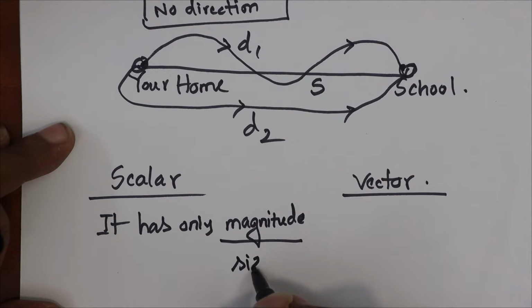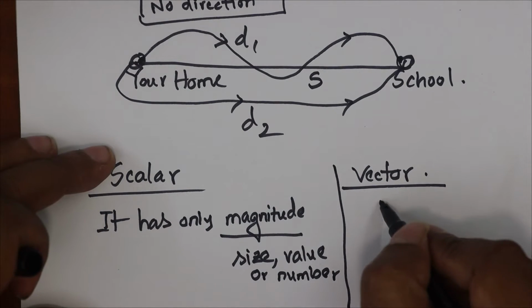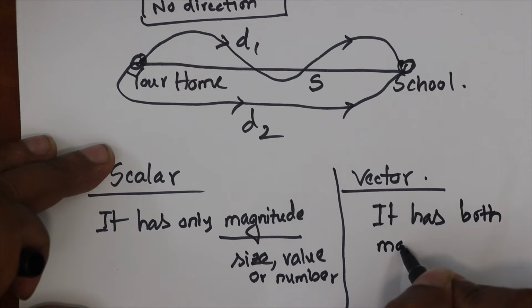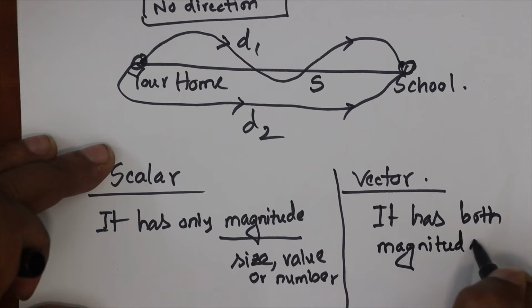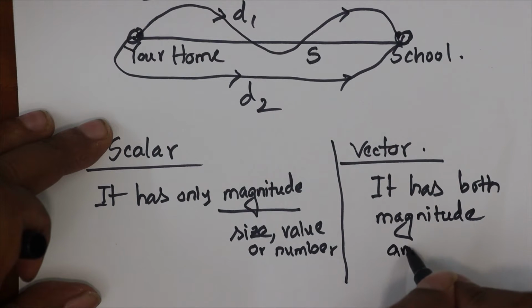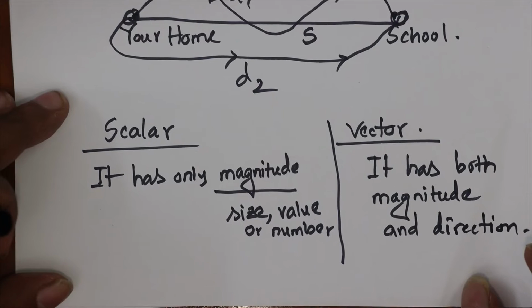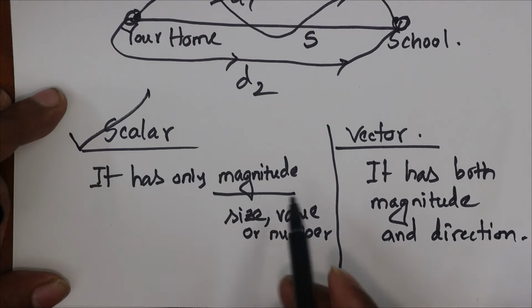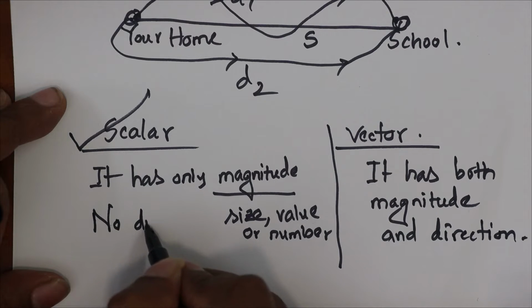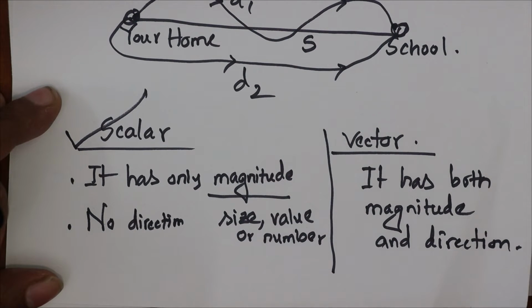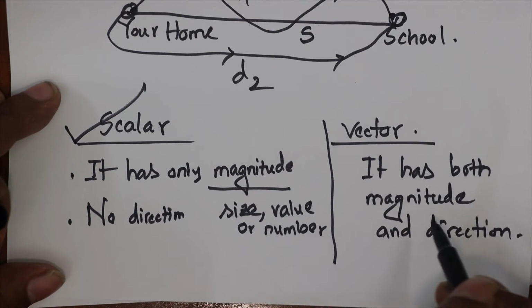Magnitude means size, value, or number. So remember, a scalar quantity has only magnitude, no direction. On the other hand, a vector quantity has both magnitude and direction.